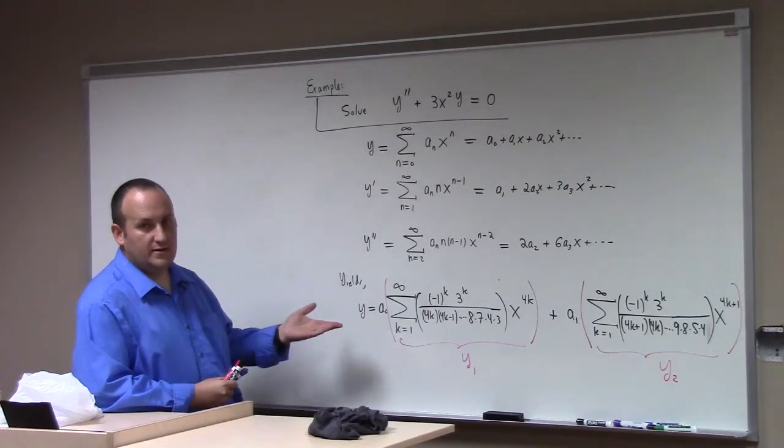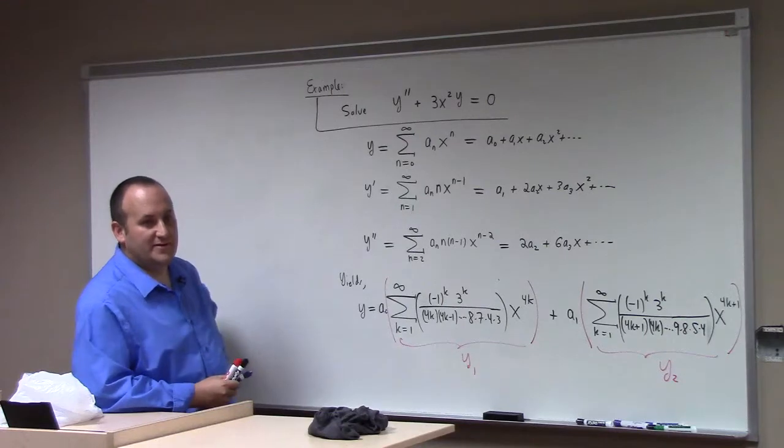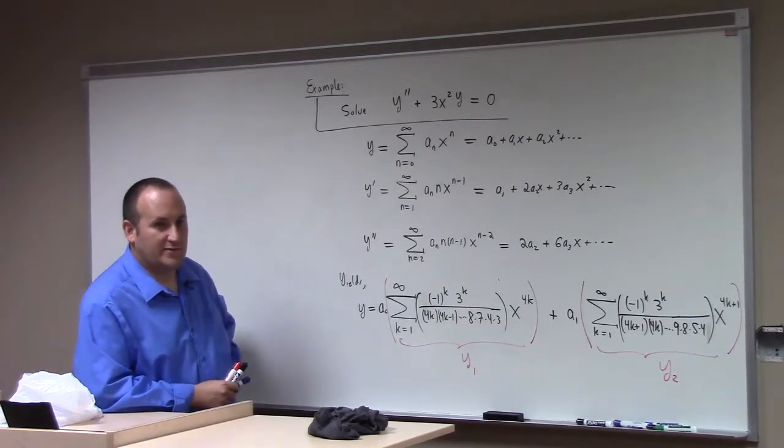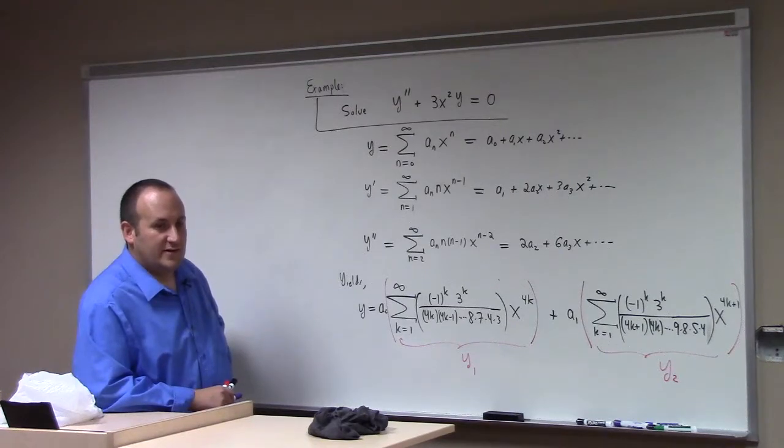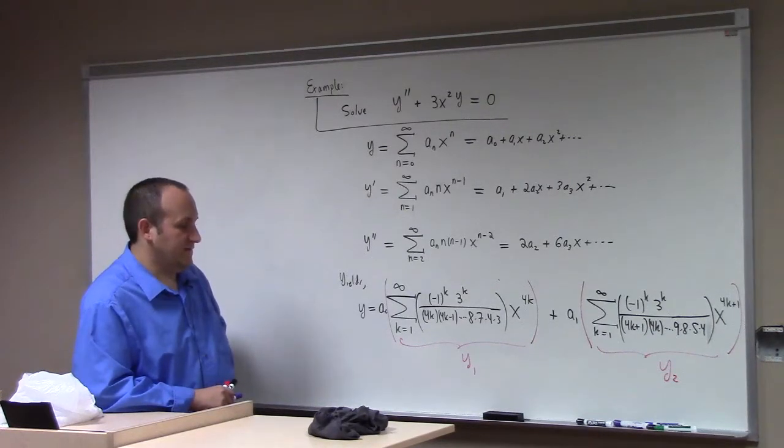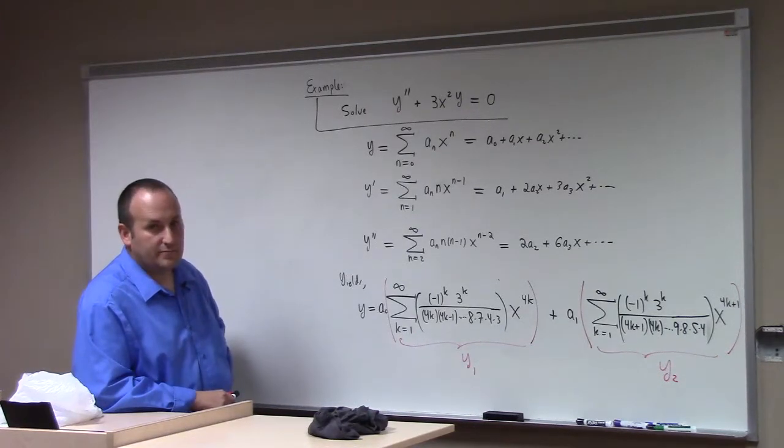So there you go. Now, if you remember your calculus 2, there's all kinds of interesting questions you can answer immediately from this. Like, if you look at the solution, what's the 22nd derivative of this evaluated at 0 equal to?